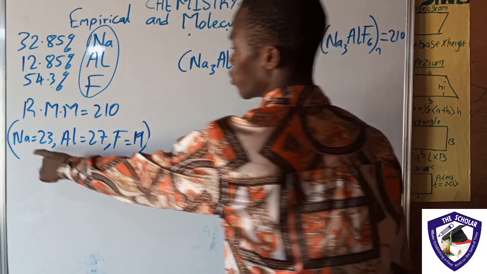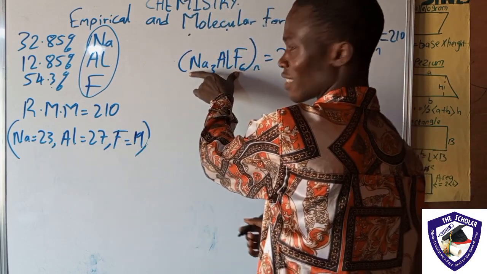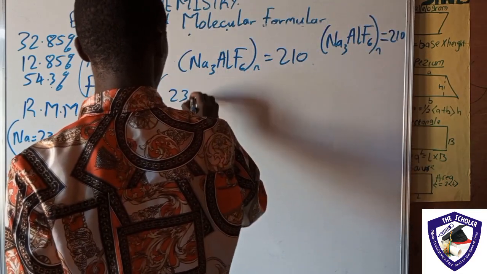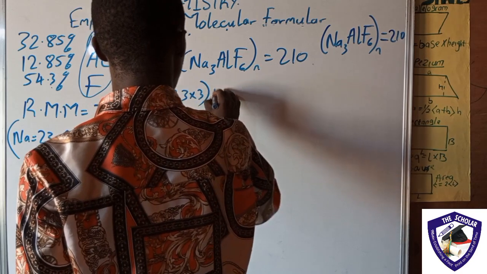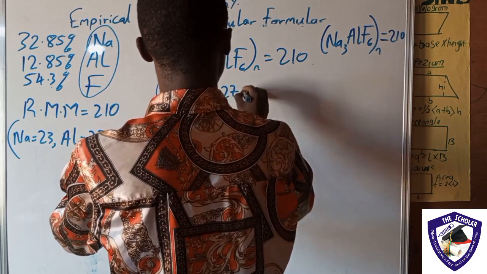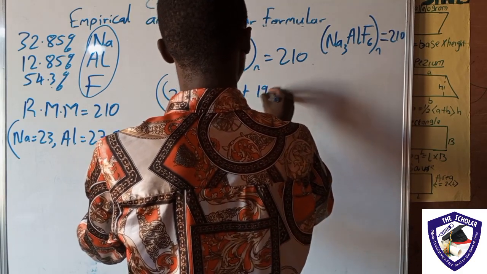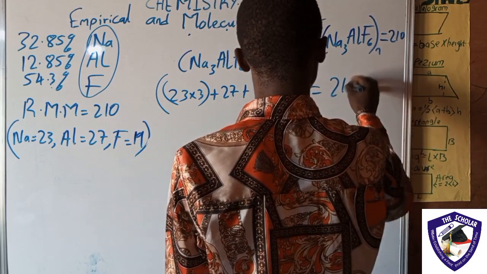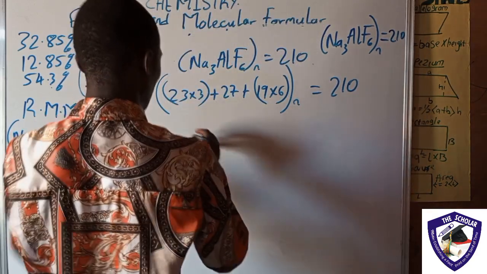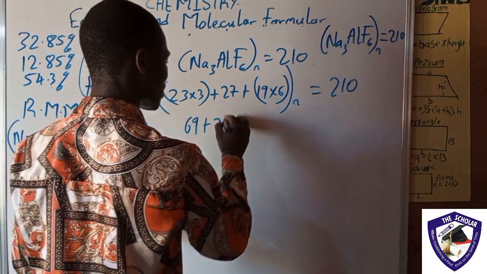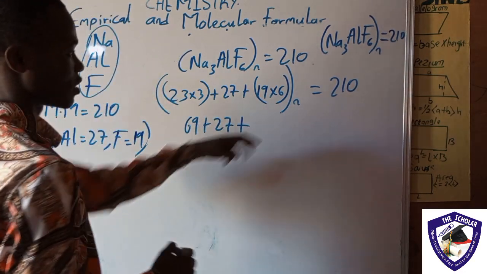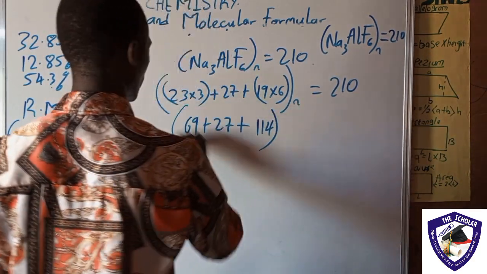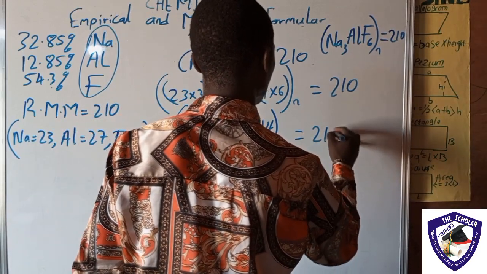So we will now calculate the mass of each of the elements. We have 23 times 3 plus aluminium 27 plus fluorine 19 times 6 equals 210. 23 times 3 is 69, plus 27, plus 19 times 6, which is 114, equals 210.